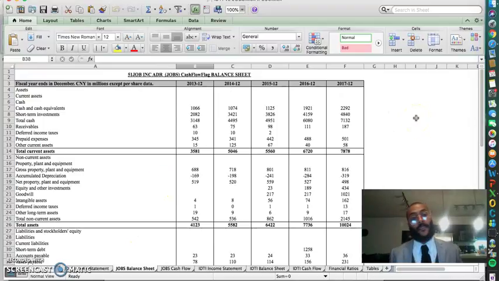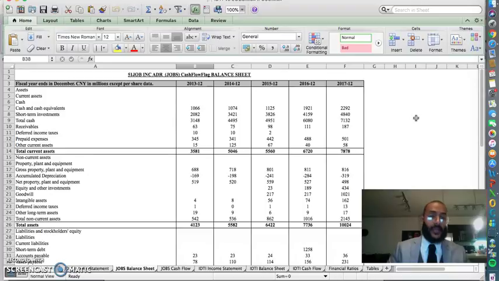This is the 51 Jobs balance sheet. As you can see, it shows all the assets, the cash, total cash receivable, prepaid expenses, etc. So, total current assets in 2013 were 3,581 and went up to 5,046, and then went a little bit up to 5,560, and in 2016 it went to 6,720, and then at the end of 2017 it went to 7,878 total current assets.